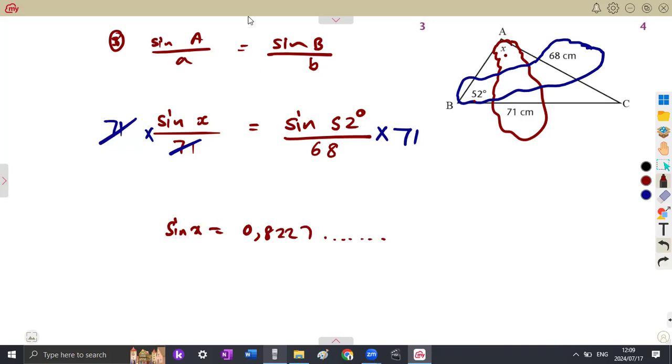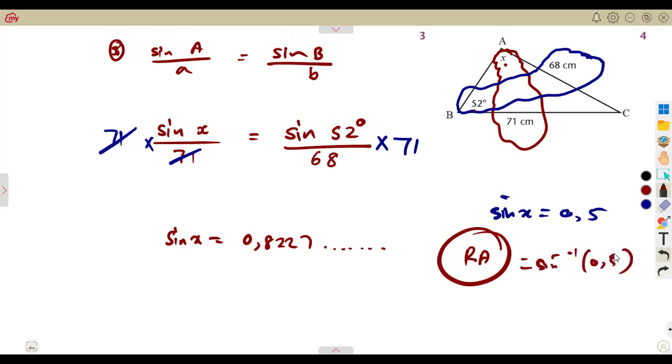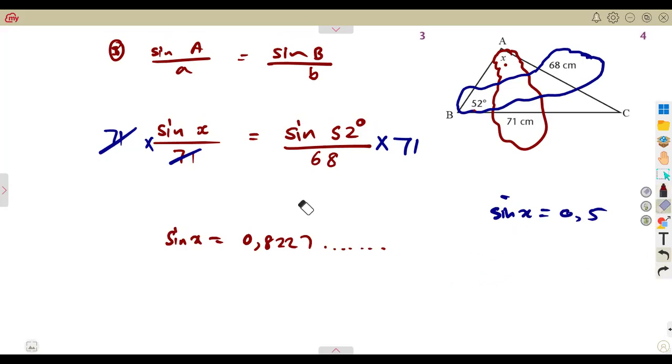So remember, just like what we had in our normal trigonometry, where you were finding the angles, you are given that the sine of x is equal to 0.5 and you want to find x, you are not going to get x directly, but you're going to obtain what you referred to as the reference angle. If you still remember that concept, the reference angle is equal to the arc sine of 0.5. It is the same thing with this part that you are going to have.